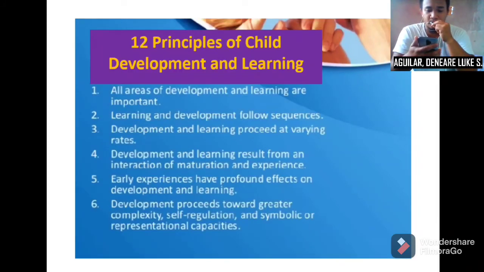Below are the principles of child development and learning, which are the basis of developmentally appropriate practice, DAP, in early childhood programs for children from birth through age 8, which are stated in the position paper of the National Association for the Education of Young Children in 2009. Number 1. All the domains of development and learning, physical, social, emotional, and cognitive, are important, and they are closely interrelated.